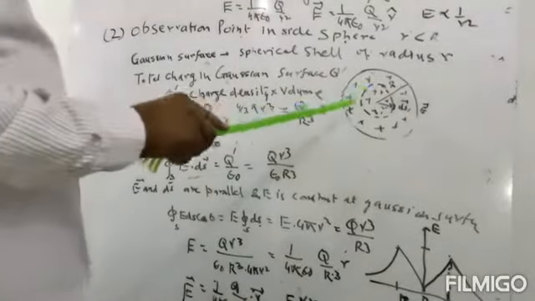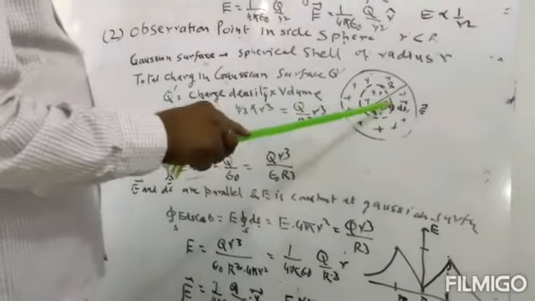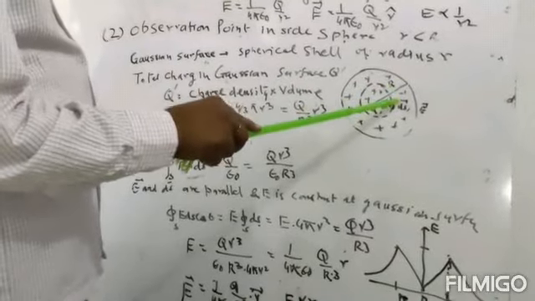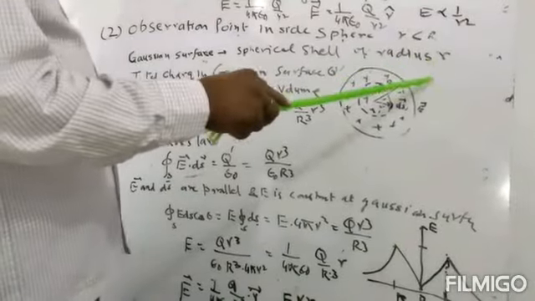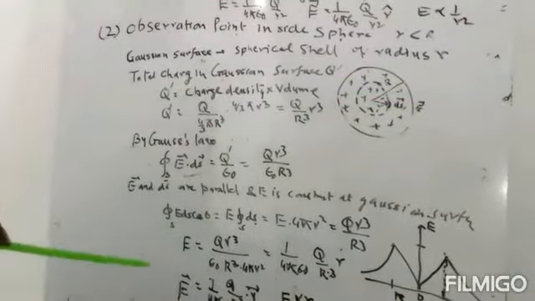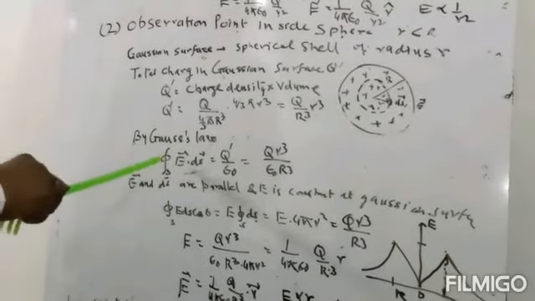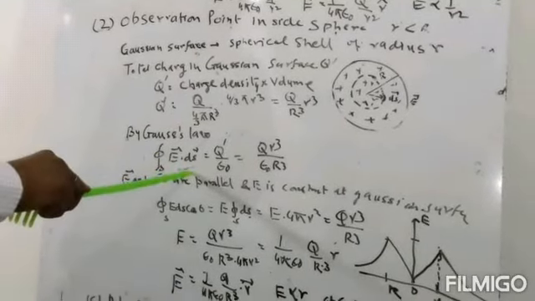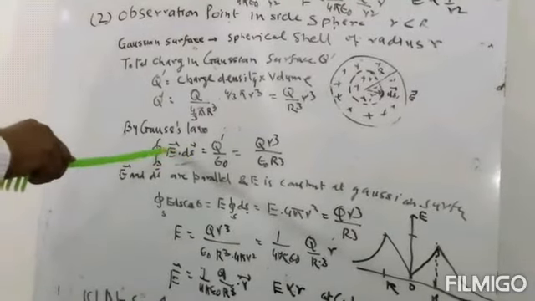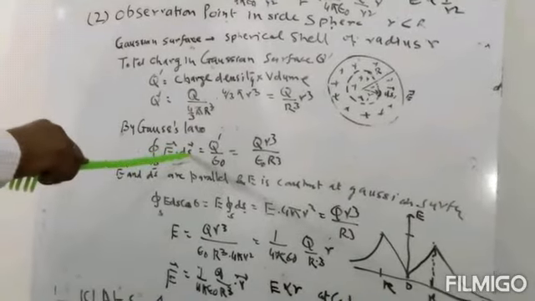Since on the Gaussian surface the direction of electrical field and the direction of ds area vector are in the same radial direction, the angle between E and ds is equal to 0. So the integral E dot ds will be equal to integral E ds cos 0, which will be equal to integral E ds.